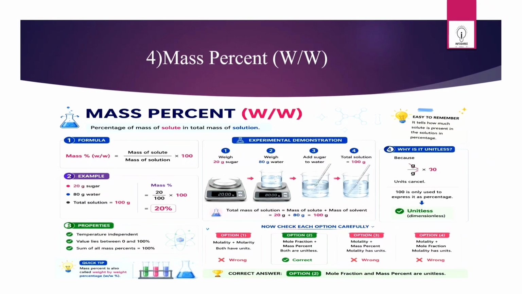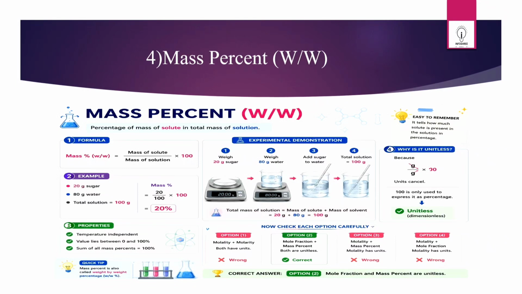Is it unitless? Yes, it is unitless, because the mass of sugar and the total mass of sugar and water are both in grams, and gram by gram gets cancelled. So 100 is only used to express it as a percentage, so it has no unit, so it is unitless and also dimensionless.